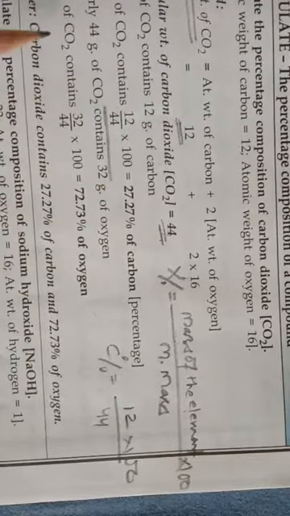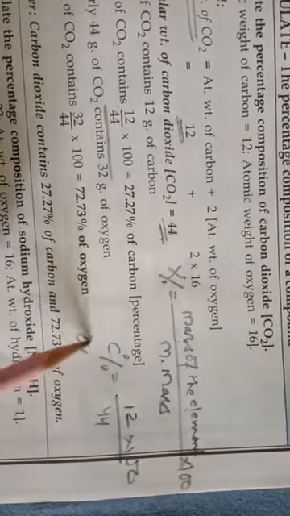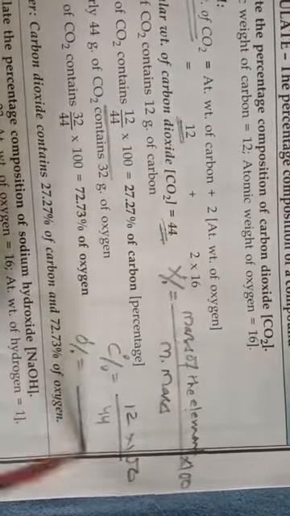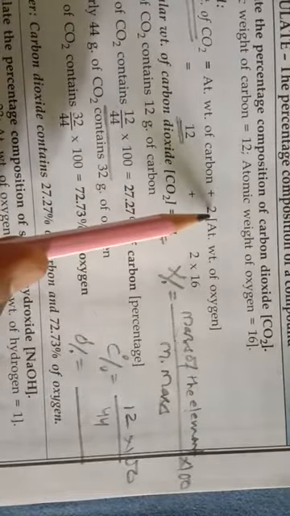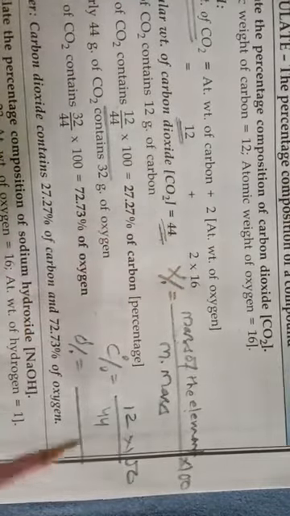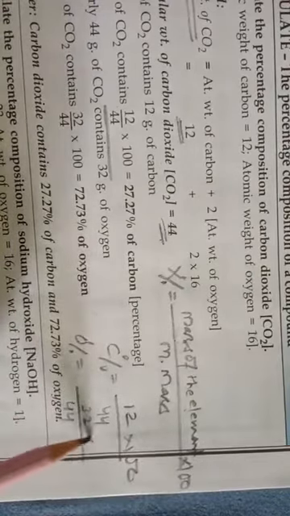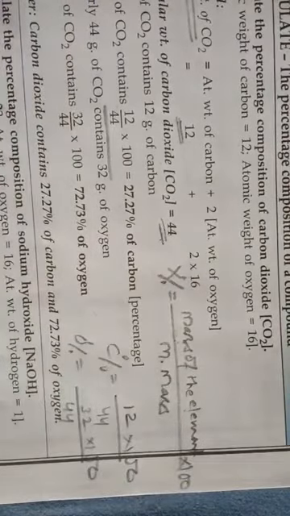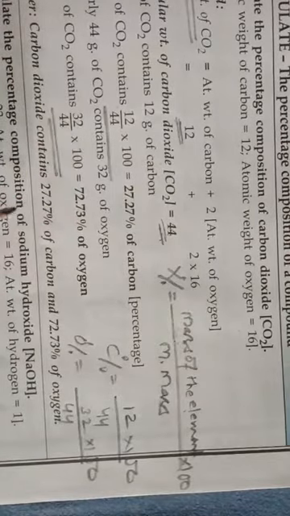In the same way, the percentage composition of oxygen equals the total mass of oxygen in the compound divided by the molecular mass into 100. The mass of oxygen in the compound is 2 into 16, which is 32. So 32 divided by the molecular mass into 100, and you will get 72.73.